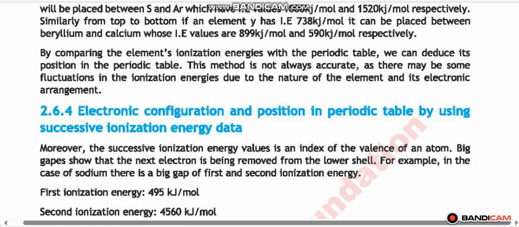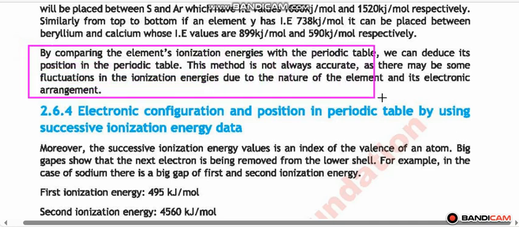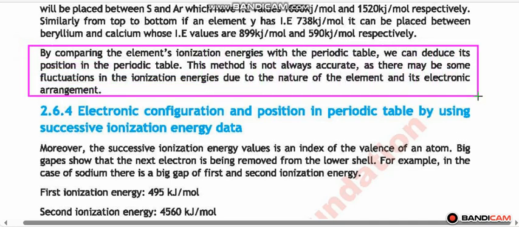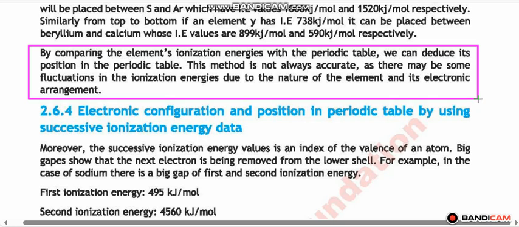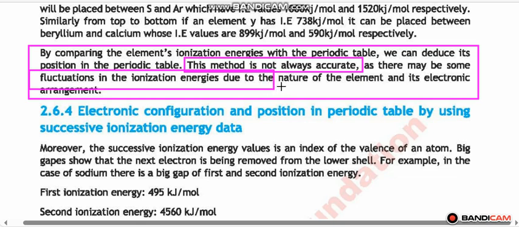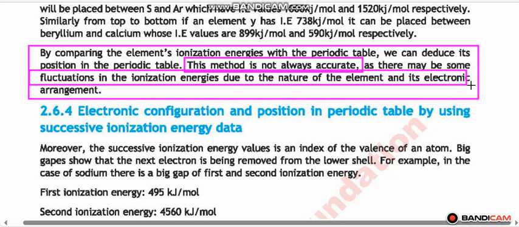Students, it is stated that by comparing the element's ionization energies with the periodic table, we can deduce its position in the periodic table, but this method is not always accurate, as there are some fluctuations in the ionization energies due to the nature of the element and its electronic arrangement.